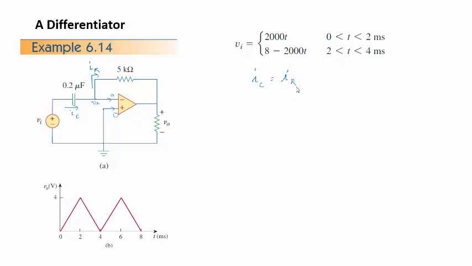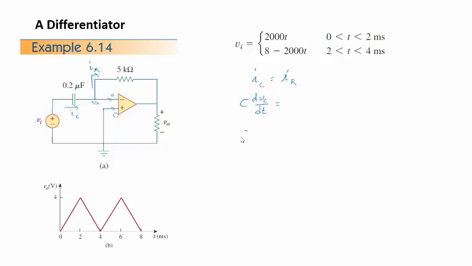I going out of the node, which is IR. So we do know that I in a capacitor is C dVc/dt. Keep in mind that the voltage that's across C right here is the voltage Vn minus Va, and Va is 0.